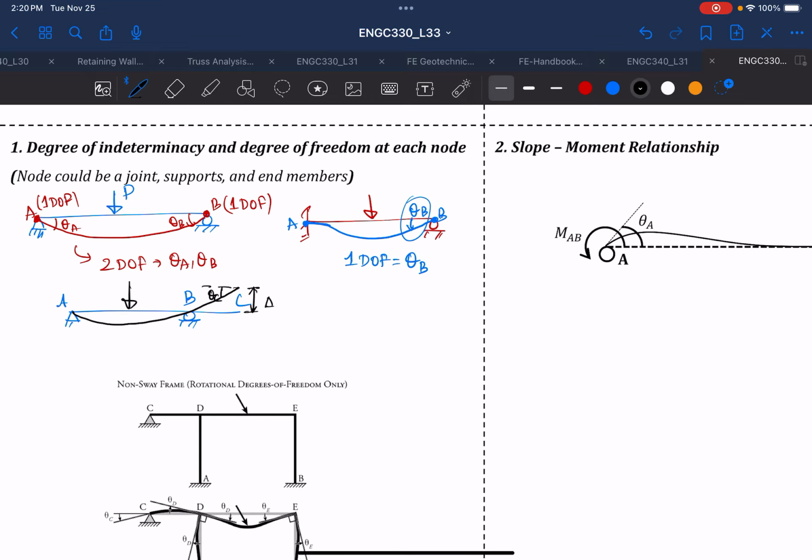This will be your theta C, this will be your theta B, and this will be your theta A. So we see that at node A we have 1 degree of freedom, and at node B we have 1 degree of freedom. At node C we have 2 degrees of freedom because it has theta C and delta. So we say that this will be 4 degrees of freedom: theta A, theta B, theta C, and delta. So this will be your degree of freedom.